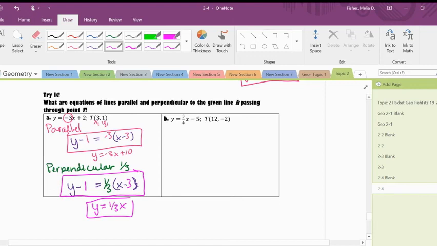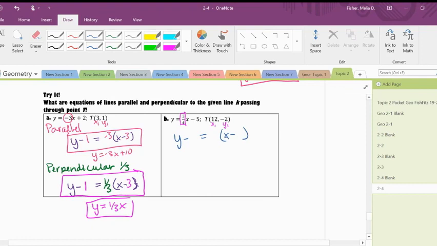On part B, your parallel lines. Here was our slope. Here was our x1, and this is our y1. We're going to take our formula. We're going to say y minus and x minus.